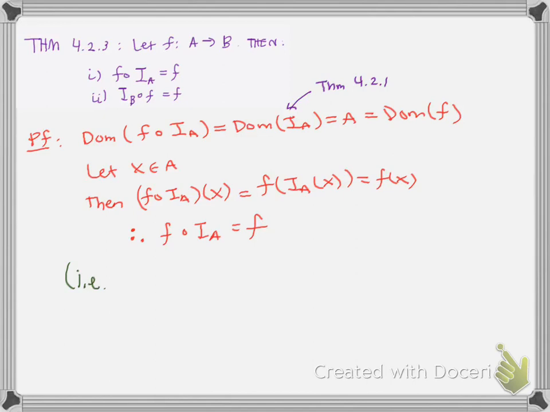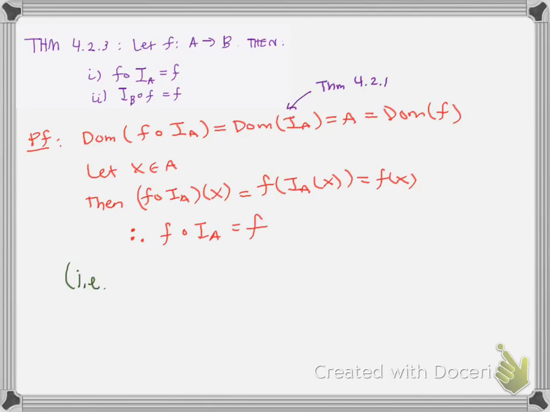Because if you have two functions and I input a value in one function, and I input that same value in another function and I get the same outputs, then they're the same functions. So that's what we are concluding here.